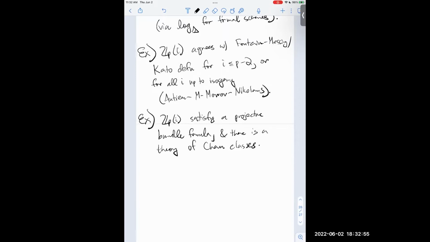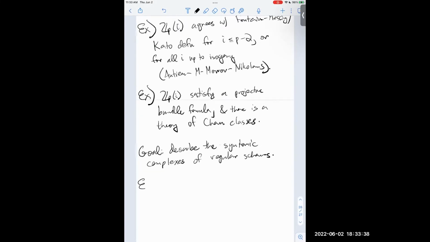So I think it's an interesting problem to compute more examples of these ZP of I's. And what I wanted to explain in these lectures was a description of the syntomic complexes for regular schemes. So the goal of these lectures is to describe the syntomic complexes of regular schemes.